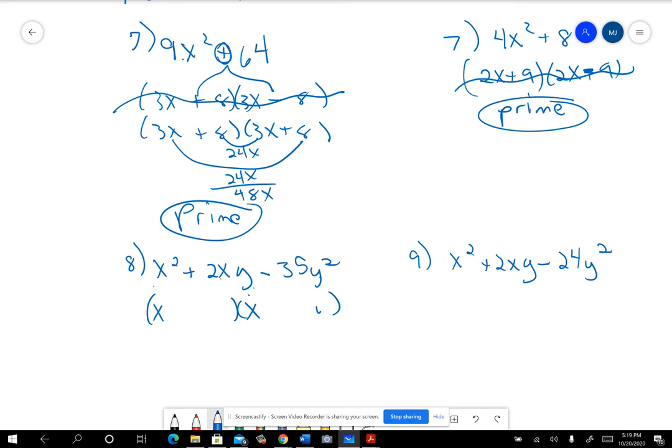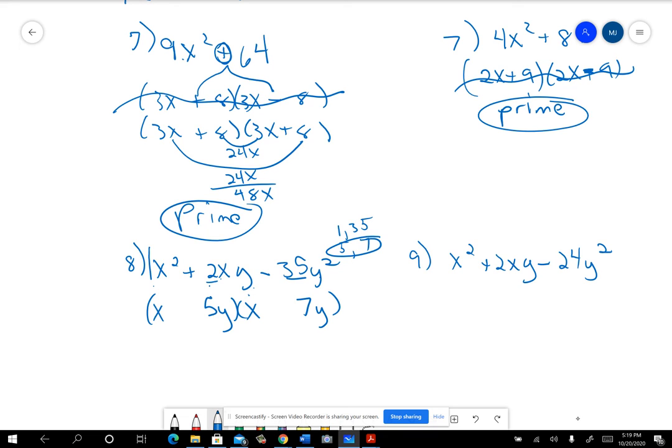To make the y squared happen at the end, you just need a y. Now you got to work on the 35, and you only have a couple possibilities. You have to figure out which of those you're going to use. You're trying to get a middle term that's going to have a number of 2, and nothing's coming from there. So it's got to be the 5 and the 7. So you put a 5 on one, a 7 on the other.